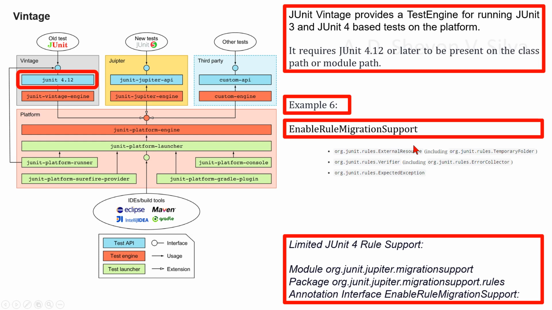You may alternatively choose to annotate your test class with @EnableJUnit4MigrationSupport, which registers migration support for rules and JUnit 4's @Ignore annotation. However, if you intend to develop a new extension for JUnit Jupiter, please use the new extension model of JUnit Jupiter instead of the rule-based model of JUnit 4.